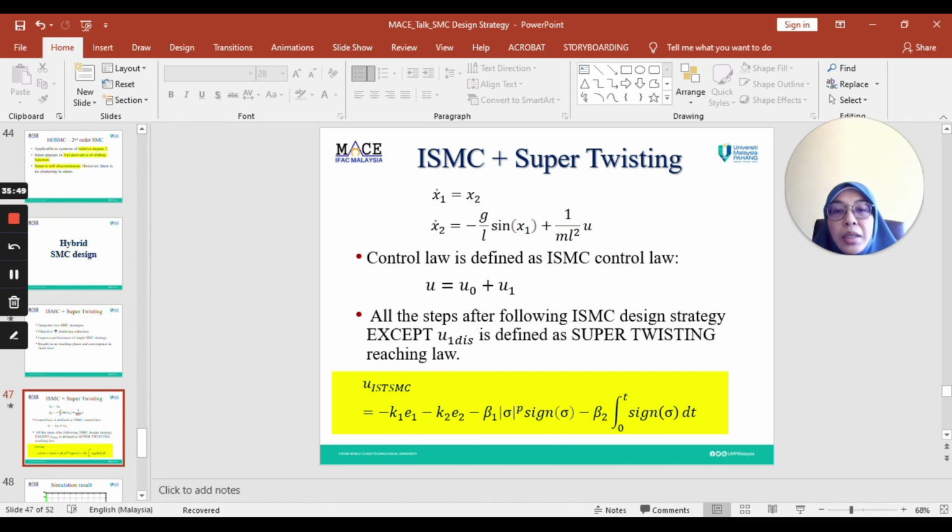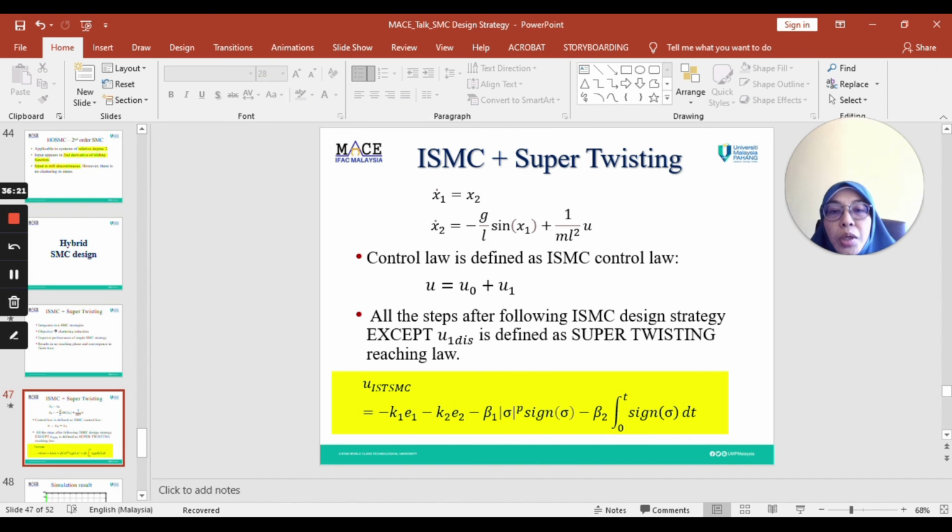The controller is defined as the ISMC controller, which is U0 plus U1, and all the steps after this follow the ISMC design strategy, except now our discontinuous control is defined as the super twisting reaching law. Previously we used a conventional reaching law, now we use the super twisting reaching law.